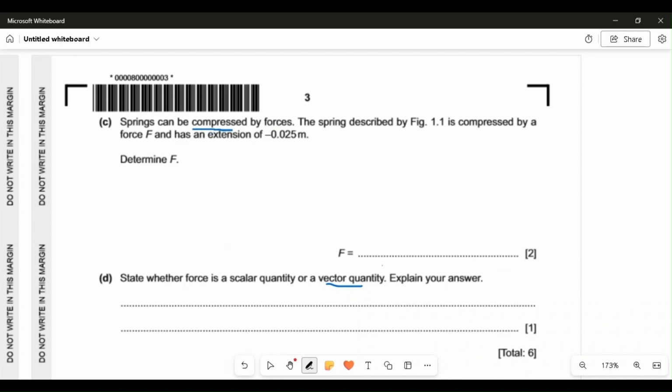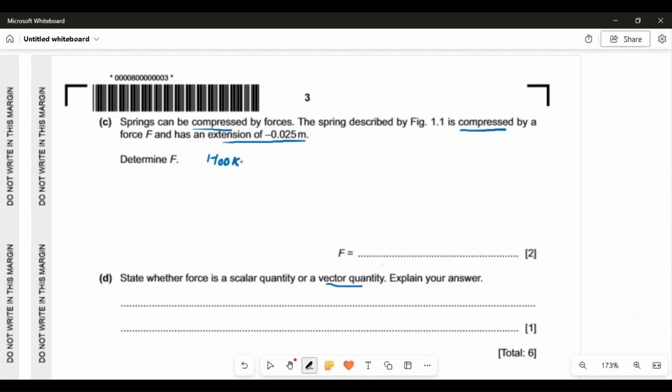When you apply force, either the spring is compressed or extended. So the spring described in the figure is compressed by a force F that has extension negative 0.025. Whenever there is a compression, it is represented by the negative. We are asked to find the force.